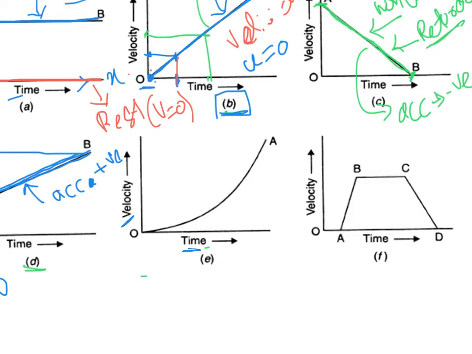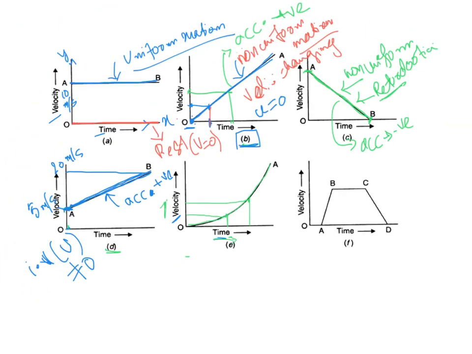Great. Thanks. Okay. So here it is not a straight line. What kind of a curve is it? It is a slightly curved line. This means as my time is increasing, my velocity is changing, but my acceleration is also changing, because at this point I have a different velocity. At this point also I have a different velocity. But this is unlike B or D or C. This is not a straight line.